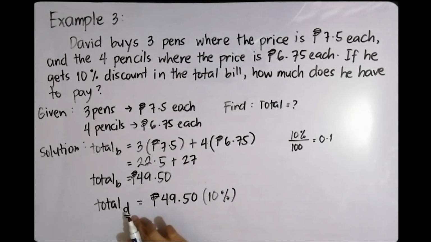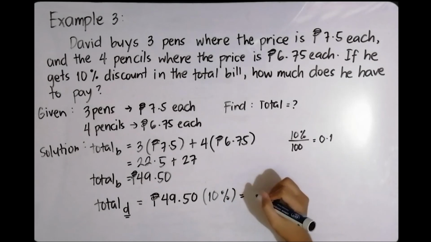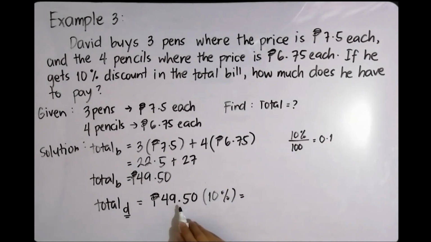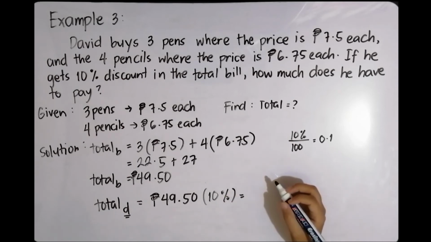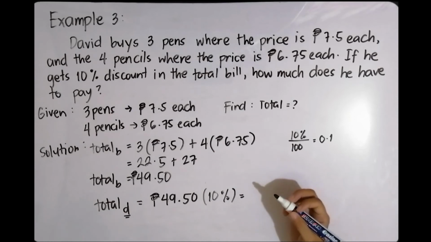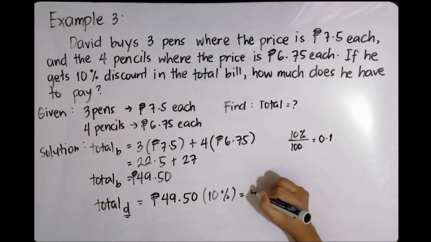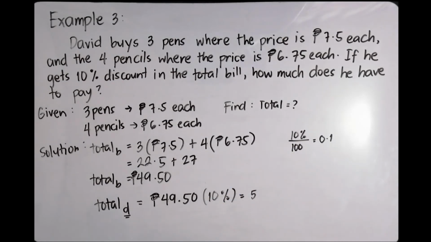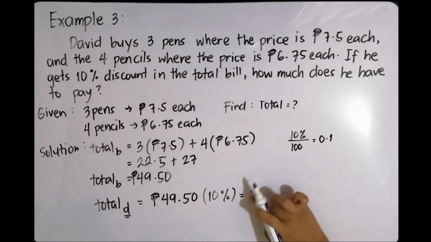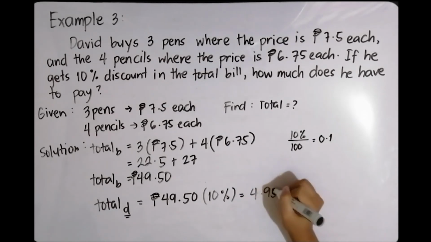So this is the total discount. We have 49.5 multiplied by 0.1 for the 10%, that is equals 4 pesos and 95 centavos.